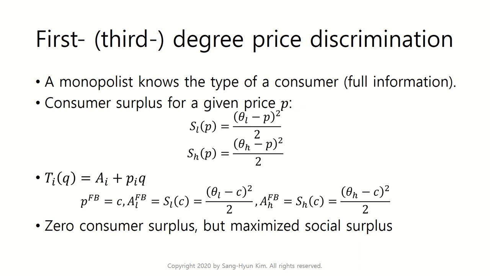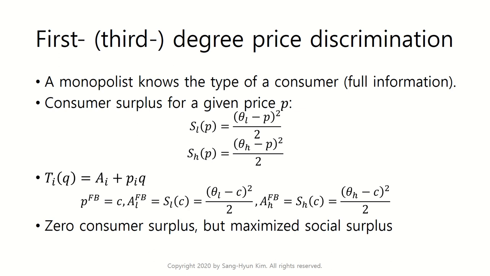If you know which group a consumer belongs to, then you know the type of the consumer, and you know all the information you need. So we cannot distinguish group pricing from individual pricing. The first degree price discrimination is basically the same as the third degree price discrimination.